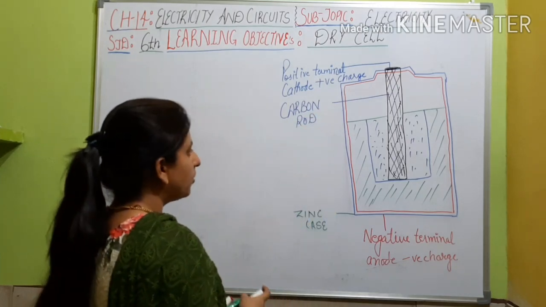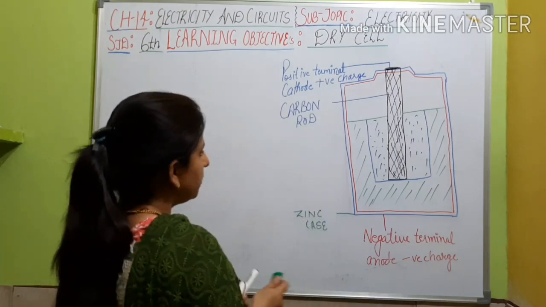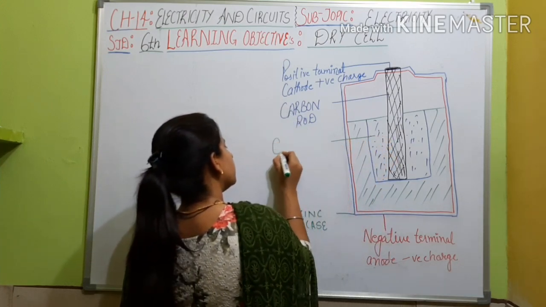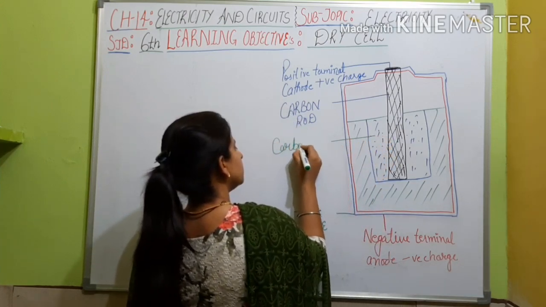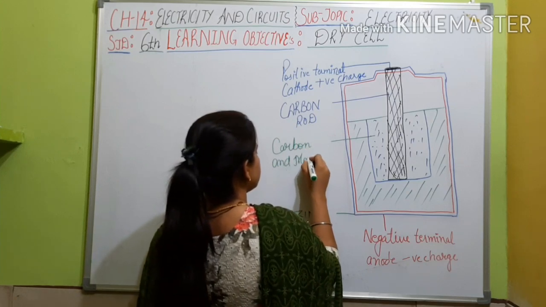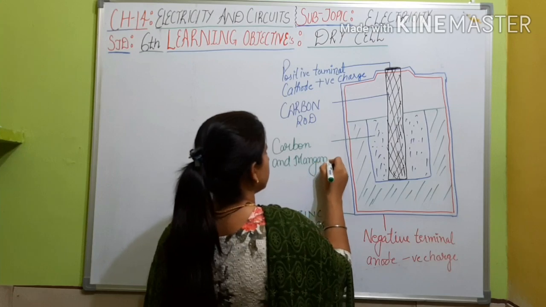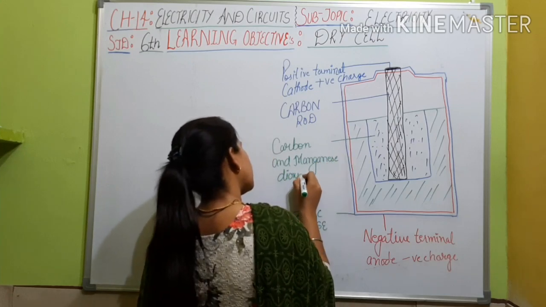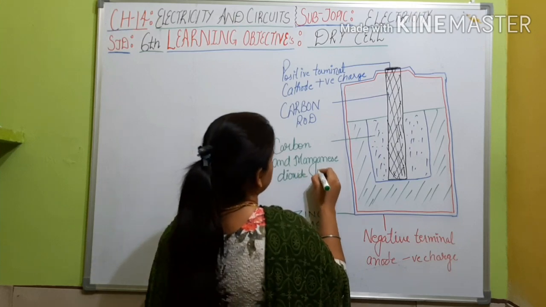Now inside the carbon rod there is a mixture of carbon and manganese dioxide mixture.